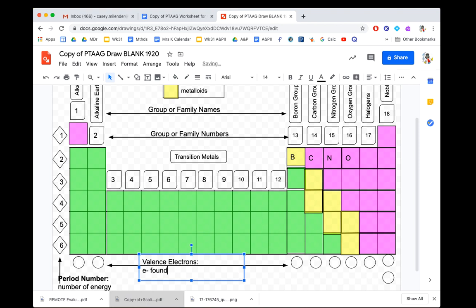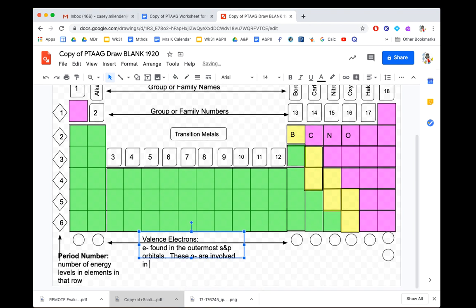Electrons found in the outermost S and P orbitals. These electrons are involved in chemical reactions. So the number of valence electrons has something to do with how reactive things are with other things. All right, and so I'm just going to pull that up, and there we are.